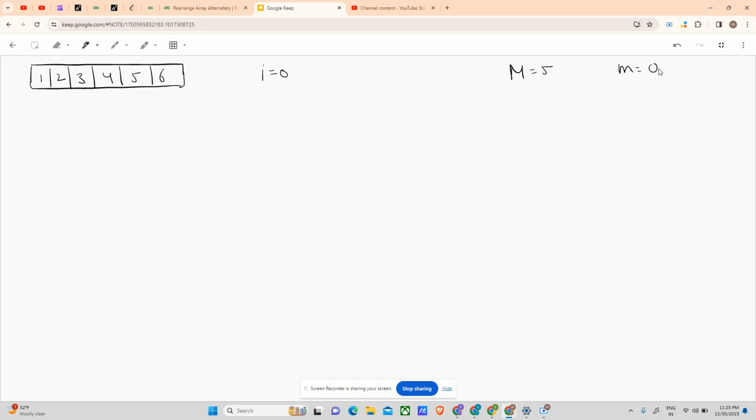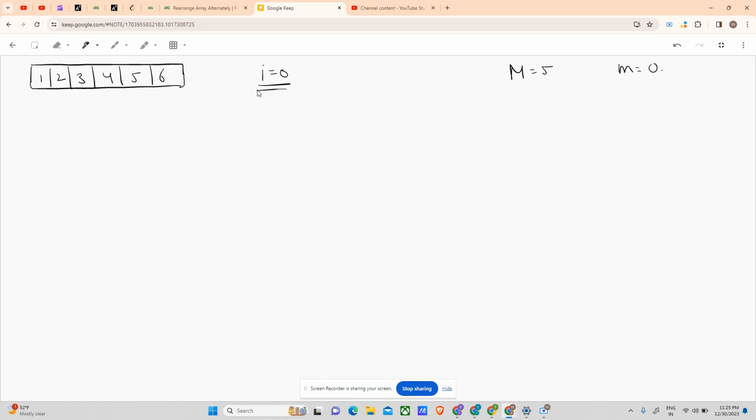How will it occur? The input array is 1, 2, 3, 4, 5, 6. For i equals 0, the maximum index right now is 5. The smallest index is 0 at the moment.